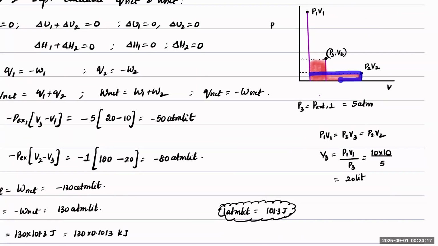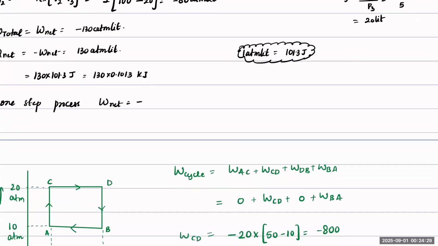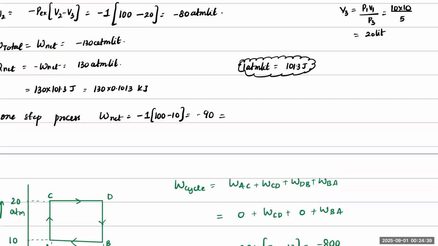This is the area we need to look out for. So pressure value is 1 and volume is changing from 10 to 100, correct? So it is going to be minus 1 into 100 minus 10. So this is minus 90 ATM liters.